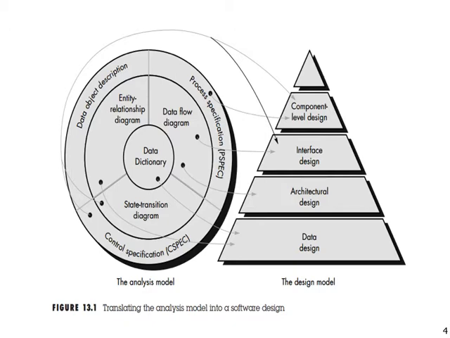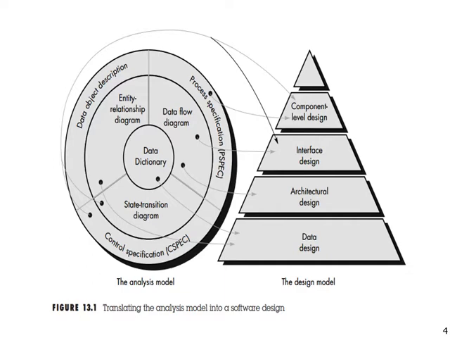For example, if we take a data design, the data design gets information mainly from the entity relationship diagram and the data dictionary. The arrow mark represents that information flow.